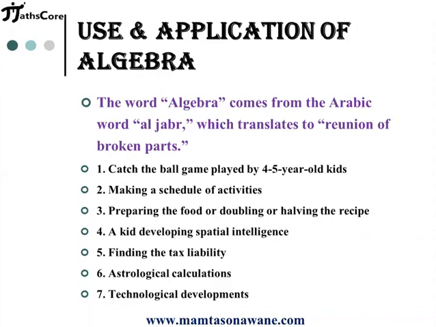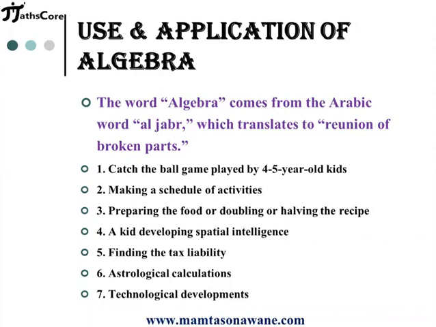This process is based on algebraic calculation where the variables are income, the qualifying amount for the rebate, etc. Algebra helps the worker structure their income and expenses and get the taxable salary figure in hand. So in this way, for finding the tax liability also we are using algebra.